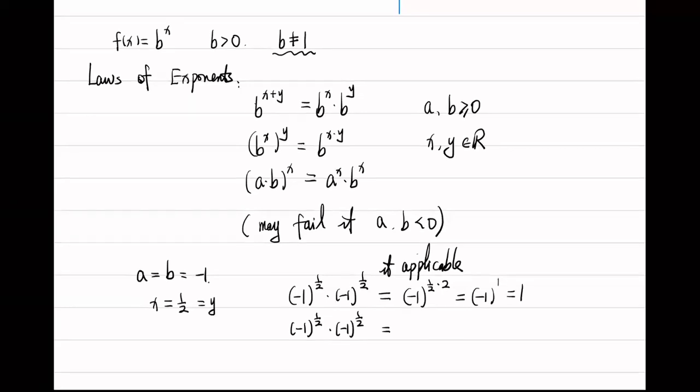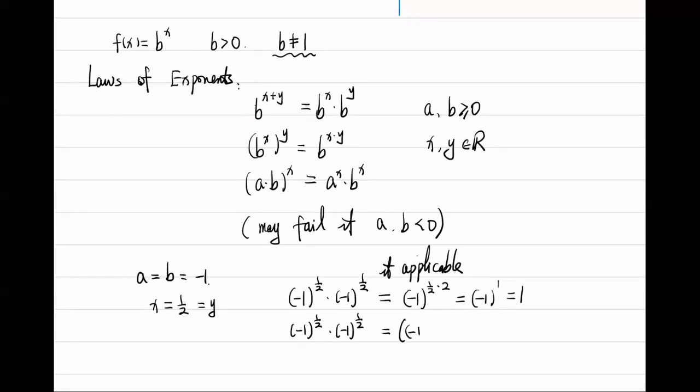But if we apply the third law, the third law tells us the result is 1. Oh, so here I missed a number, let me correct it.